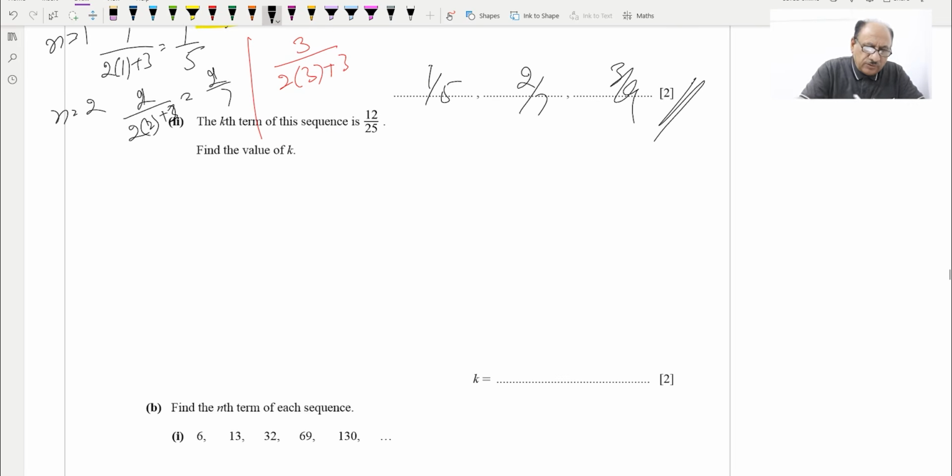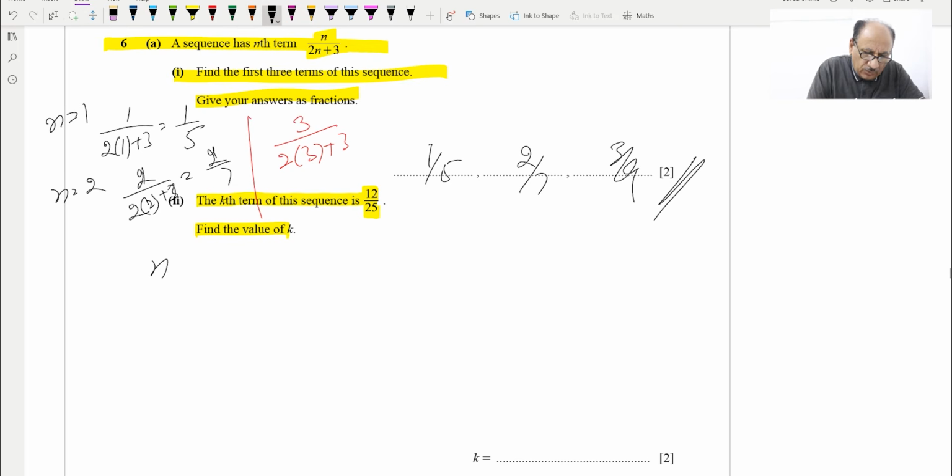It's simple, straightforward question. Next, the kth term of the sequence is 12 over 25. Find the value of k. So we know nth term is n over 2n plus 3. So this is equal to 12 over 25, and we can cross multiply.